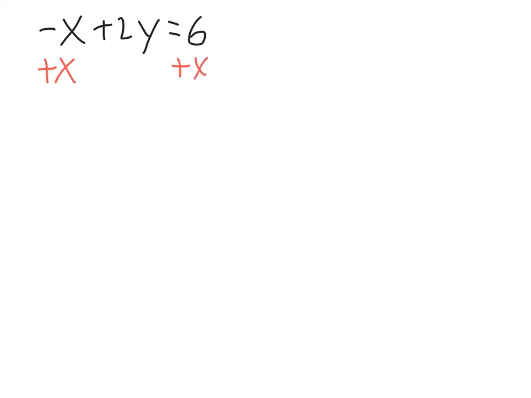So on the left side, the x's cancel to leave 2y, and it's positive 2y because there was a plus there. And then that equals, and like I said, put the x first and then the number. So plus x means you just throw an x there. And then it's a positive 6, so plus 6.